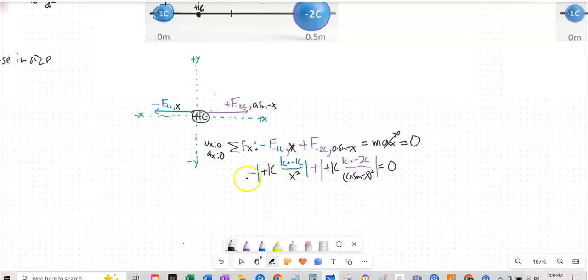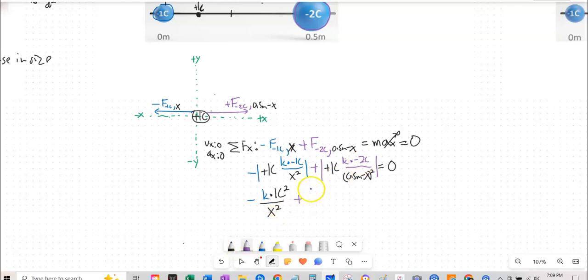Now what we're going to do is multiply all this out. So we're going to have a negative positive 1 Coulomb times K times negative 1 Coulomb is just going to be K times 1 Coulomb squared. There is no sign in the front because the absolute values take it off, over x squared, plus positive 1 Coulomb times K times a negative 2 coulombs.